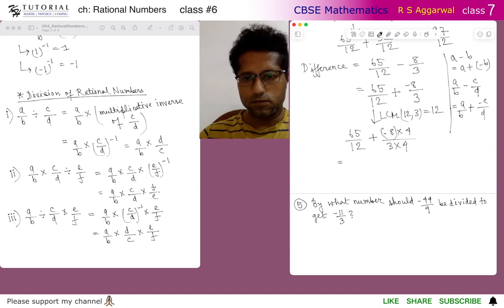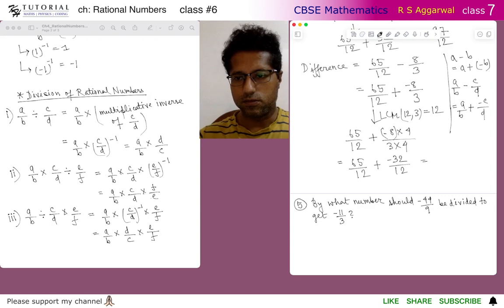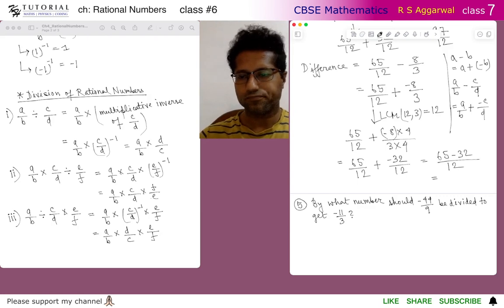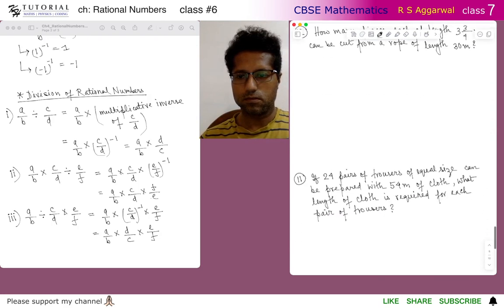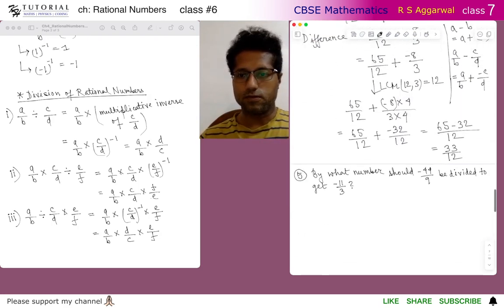So this is 65 by 12 plus minus 32 by 12. This is 65 minus 32 by 12, and this is 33 by 12. So this is the difference, and we have no space left.